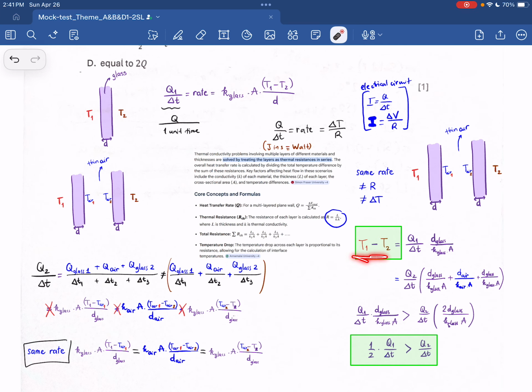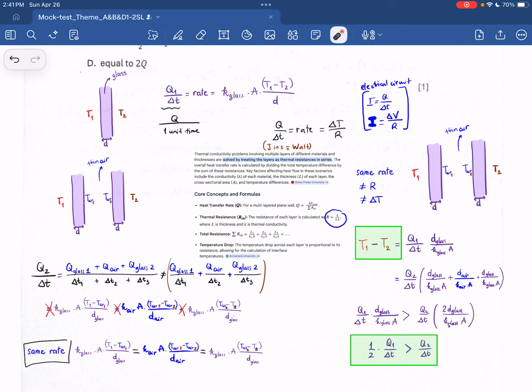Now let's apply this for the second case. We might have some total Q2 travelling through the whole system. I don't care how much is changed here, here, or here. I just care about the total as Q2. Over the same time, we now have the total thermal resistance.